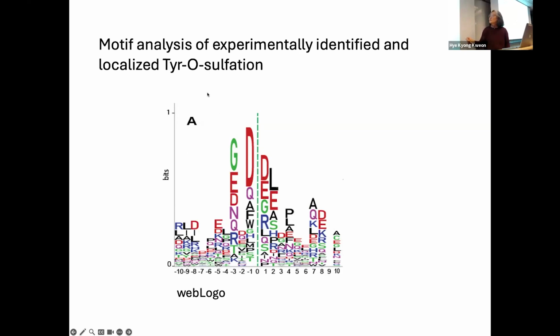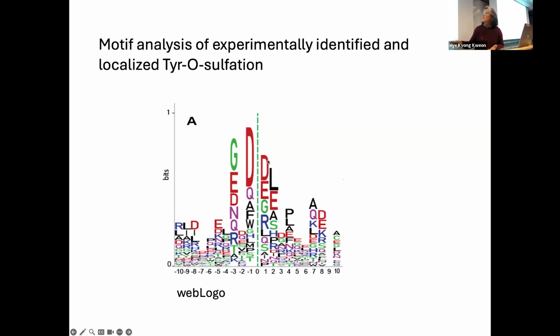site. So you can see the -1 position of the tyrosine sulfation site is largely populated by acidic residues, like D and E. So it is consistent with our knowledge that sulfation is mostly found around acidic moieties. So it's a well agreed one.